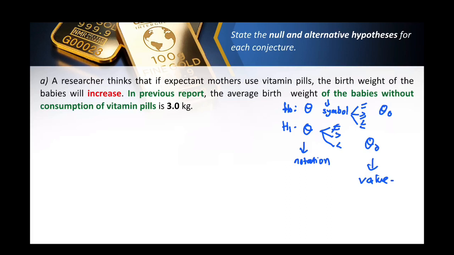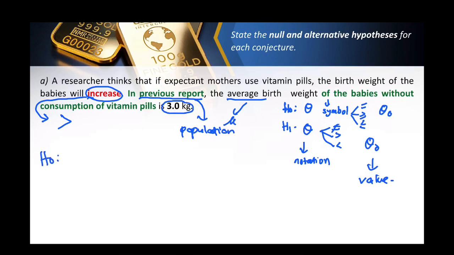So look at the question. A researcher thinks the weight of the baby will increase. So increase, the symbol is greater than. In the previous report, this one is the population average birth weight, so mu. The baby's weight is 3 kilograms. Right, so H null, H1. So greater than, is there an equal sign symbol?